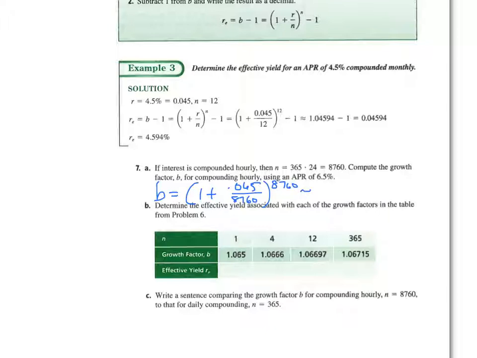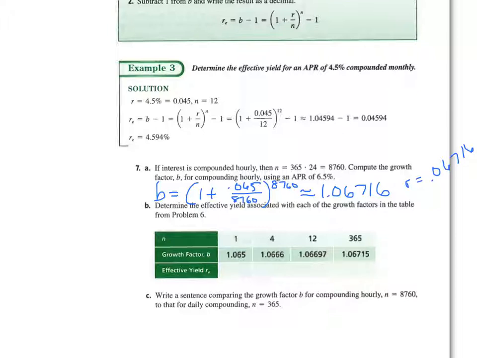This ends up being 1.06716, meaning we have an r of 0.06716. In other words, we're getting a 6.716% yield for that one.